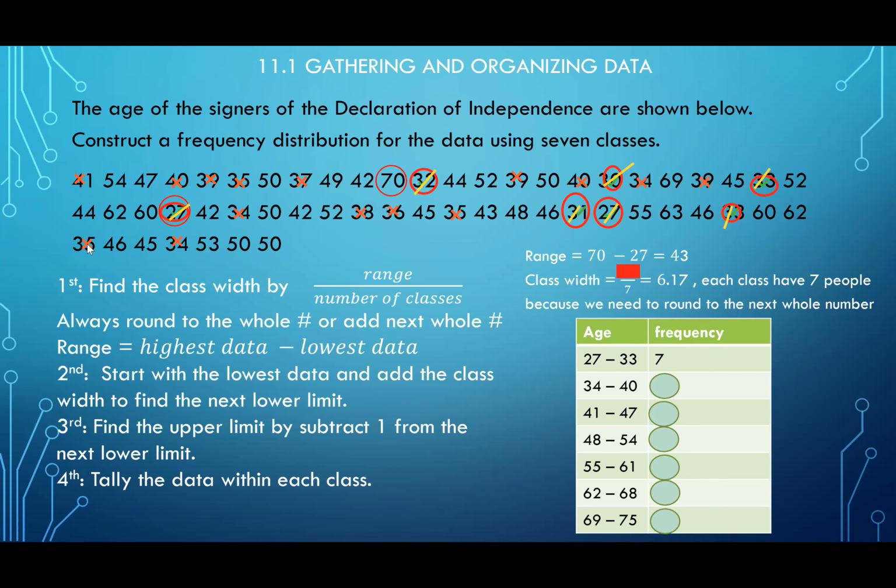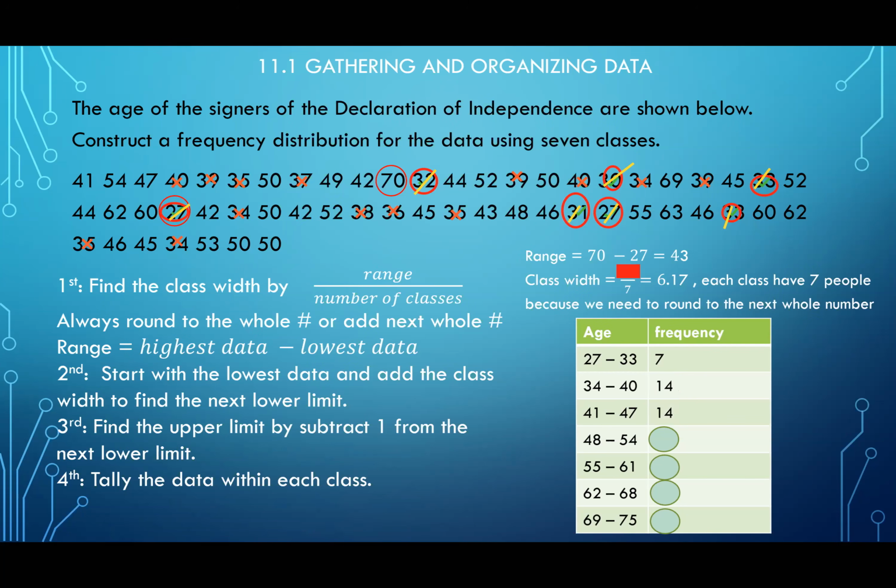So we have 15 people between the age group of 34 to 40, right? So again, 41 is not one of them. So only 40, right? 40 is my limit, 41 is the next one. So if anything is bigger than 40, I do not include it in this class. So basically you go in and you tally them up, which is you have 14 of them.